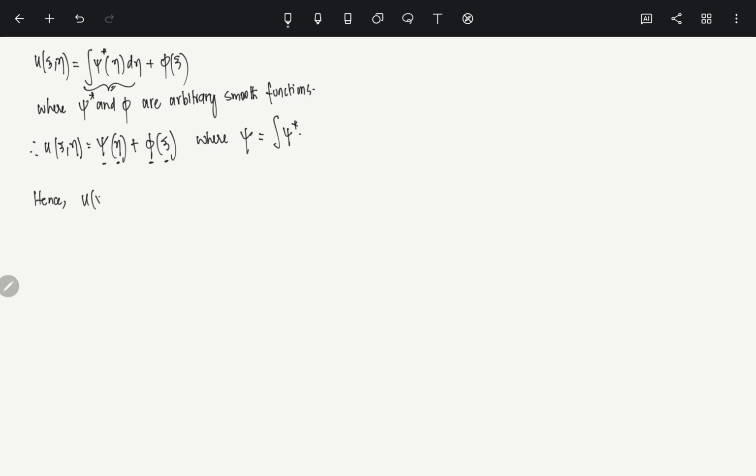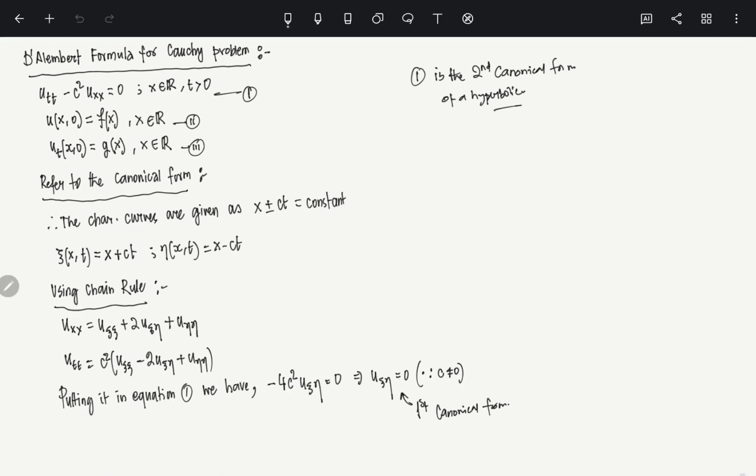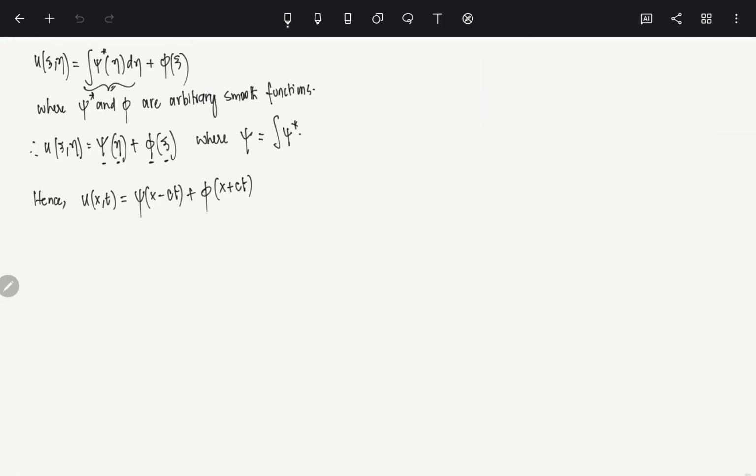Now if you change it to x and t variables, u of x comma t should look like some arbitrary function phi of x minus ct plus another arbitrary function psi of x plus ct. Clear? I think I took xi to be x plus ct. So this is fine.